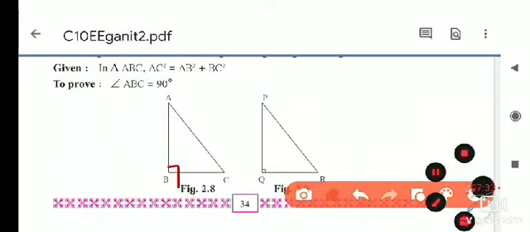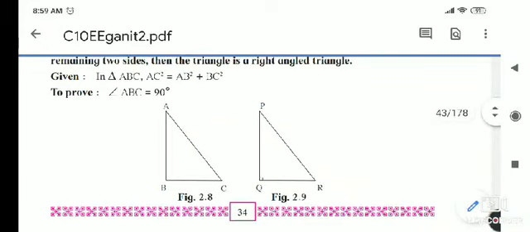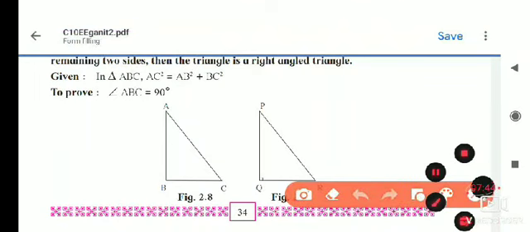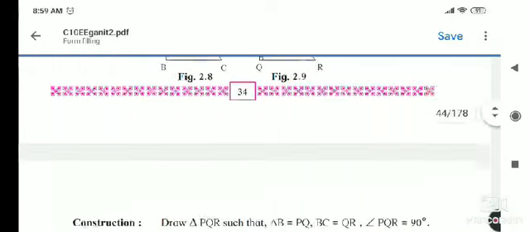If we are able to show this, then we can say that this triangle is a right angle triangle. So for that, to show this, we have to draw one triangle whose measures are the same like ABC, but angle Q is equal to 90 degrees. Okay, so this is our construction.